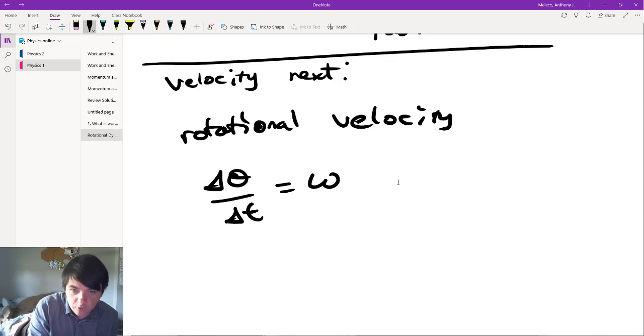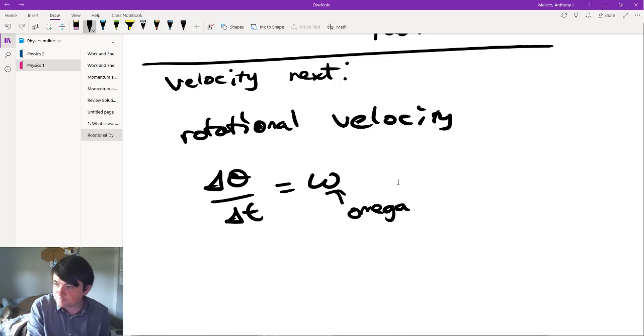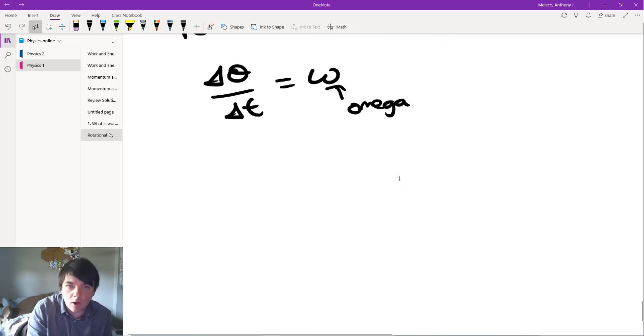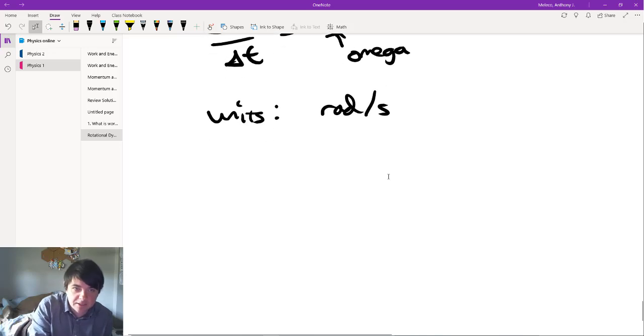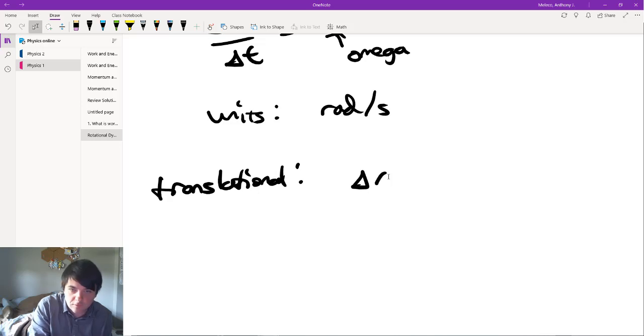We use the symbol omega, tiny omega, okay? And the units are radians per second. And just for comparison, the linear or translational case is delta x over delta t equals v, okay?